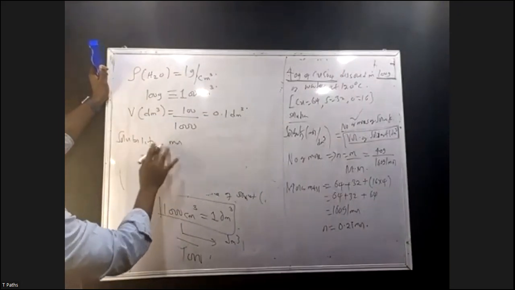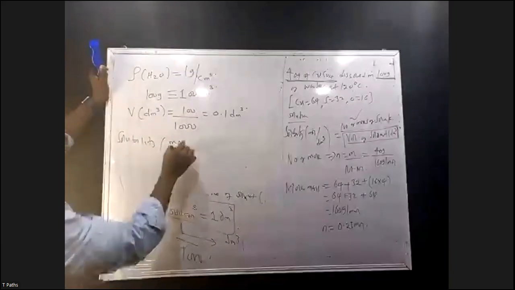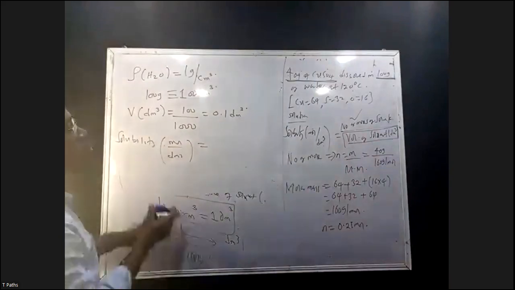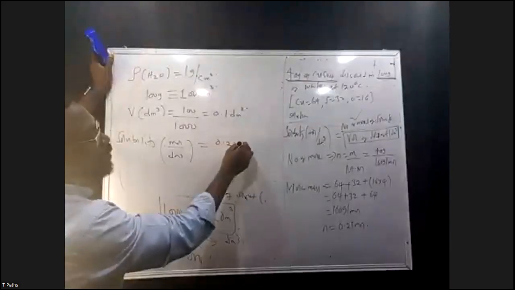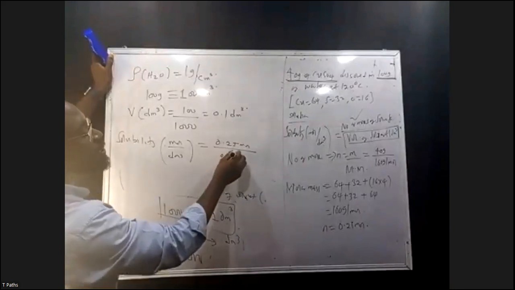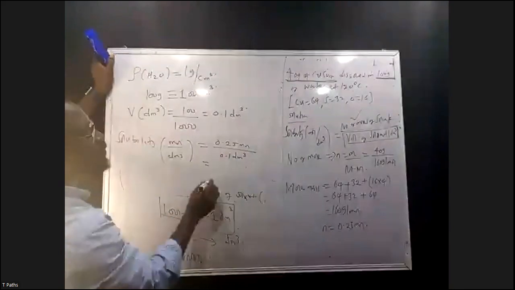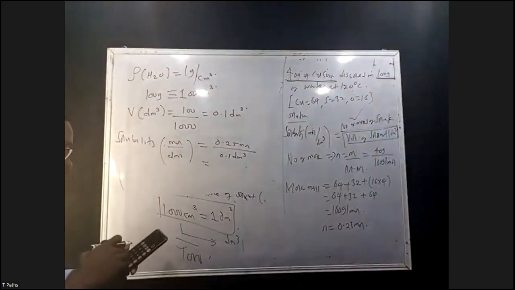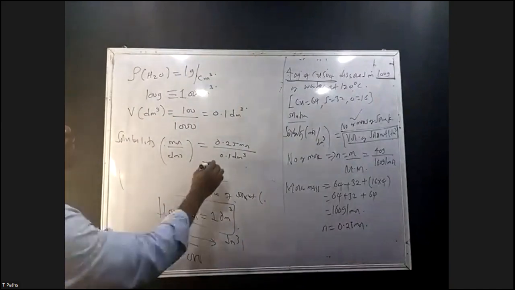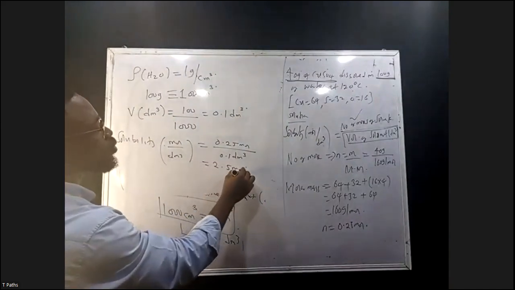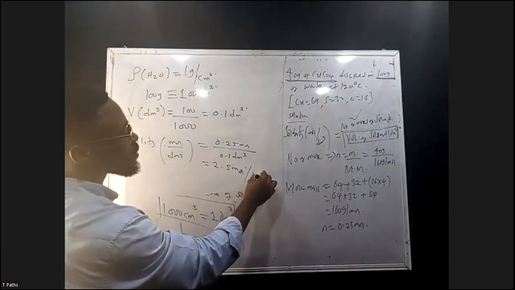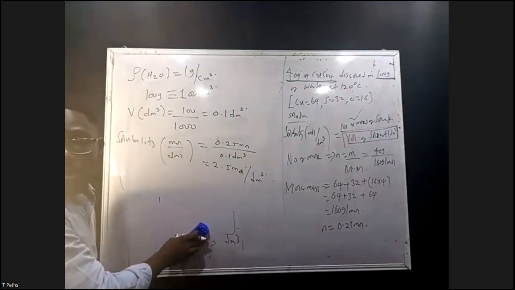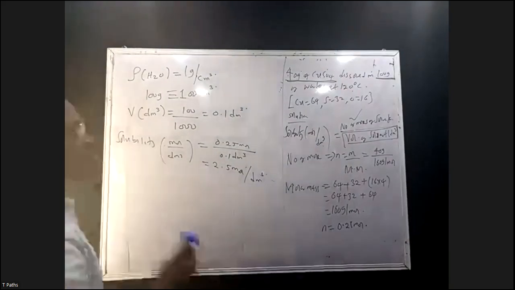Solubility in moles per dm cube is the number of moles of the solute, 0.25 moles, over the volume of the solvent, 0.1 dm cube. When you divide that, that should give you 2.5 moles per dm cube.